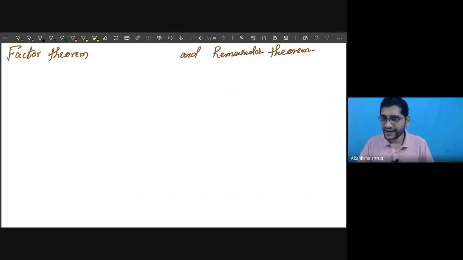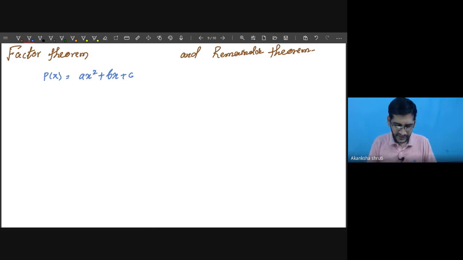Our next topic is the factor theorem. If p(x) is any polynomial, maybe quadratic, cubic, or any polynomial, let us call this a quadratic polynomial, say ax square plus bx plus c. Then if there is any other linear polynomial g(x), so g(x) has a degree less than that of p(x), let it be mx plus n.